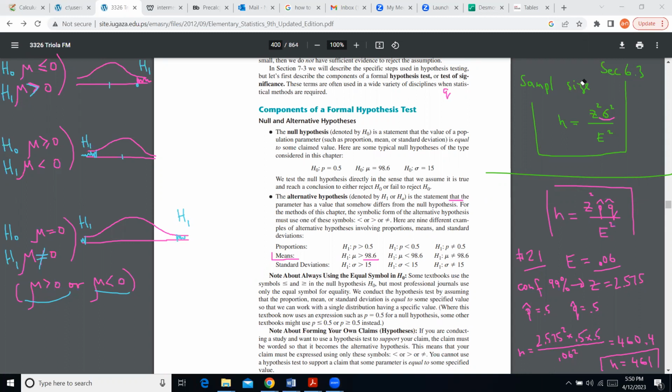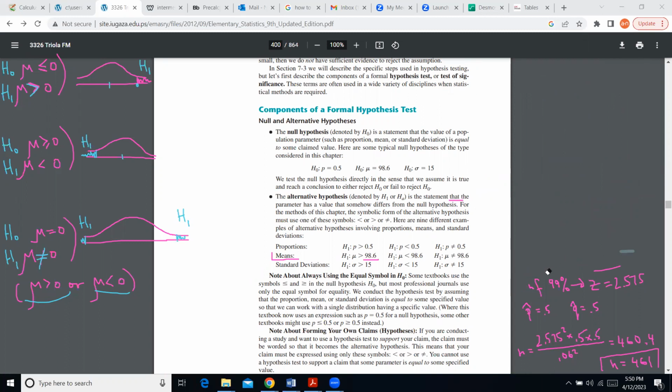So today I just don't want to do any particular exercises. I just want to give you an introduction into the story of testing those hypotheses. Because the good thing about that is they're all pretty much the same cases.